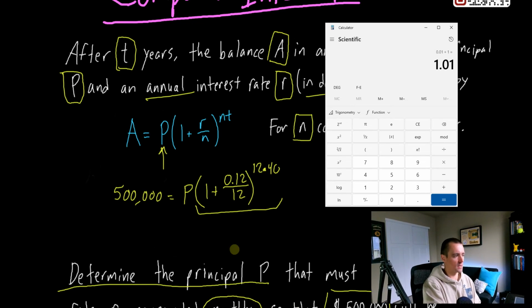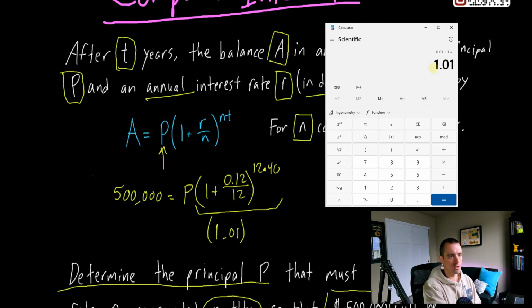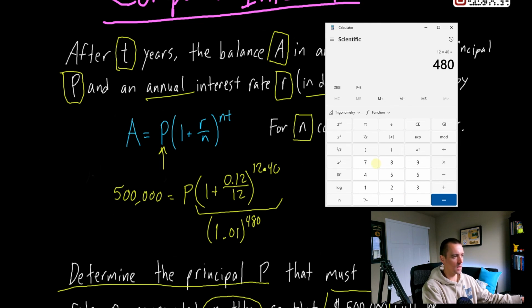So let's write this down. We have 1.01 raised to the 12 times 40 power. Well, 12 times 40 is 480. So we're going to raise that to the 480th power. Doing that, 1.01 raised to the 480th power gives us 118.6477.